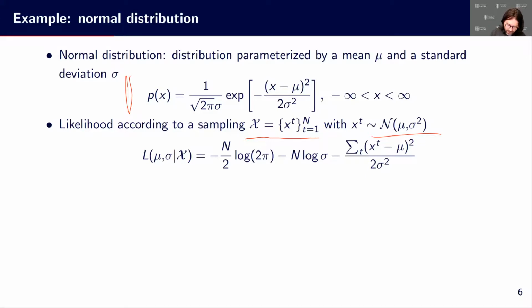With some developments, we are simplifying this to that part. So we have minus n over 2 log 2 pi, which is basically that part of the equation. Then we have minus n log sigma, which is that part here.